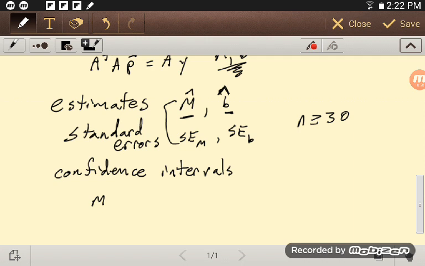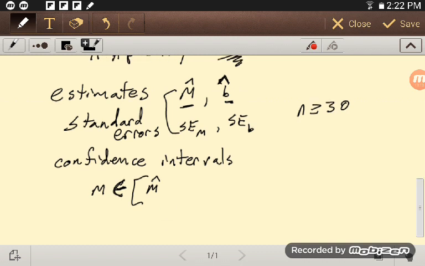But the real m is an element of our estimated m minus 2 standard errors, and then m plus 2 standard errors.